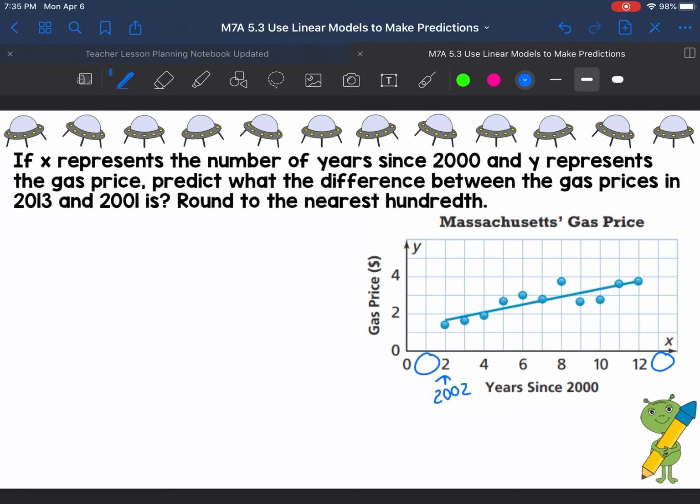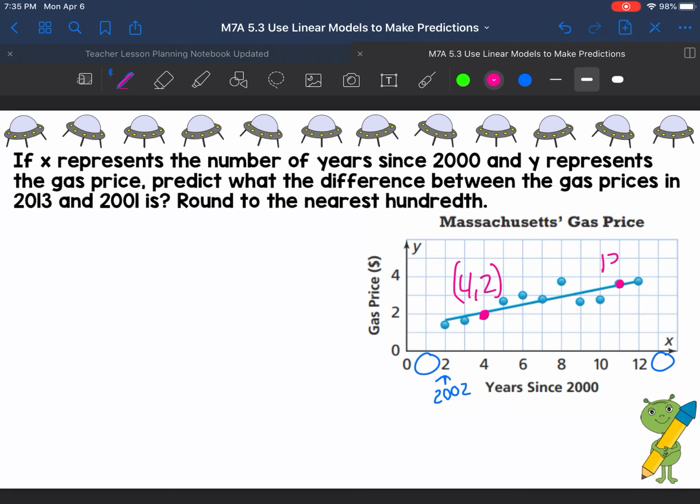So in order to figure out what gas was like in 2013 and what gas was like in 2001, we need to figure out the slope of my line. So I'm going to pick, again, two dots. Right here, you can see I have this 4, 2. That's a great one. The line goes through it pretty close. Not perfect again, but it's right there on it.